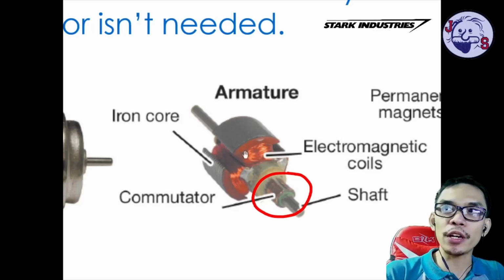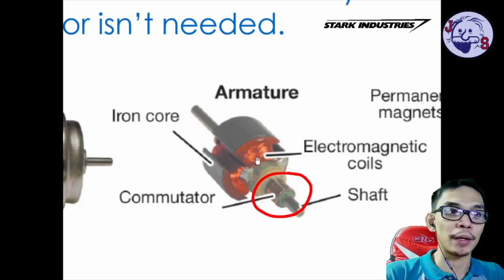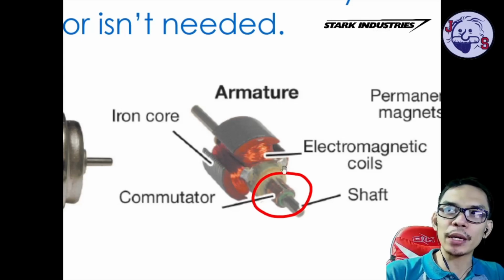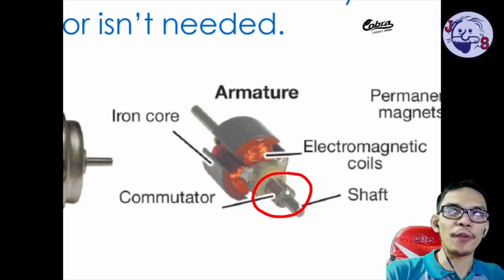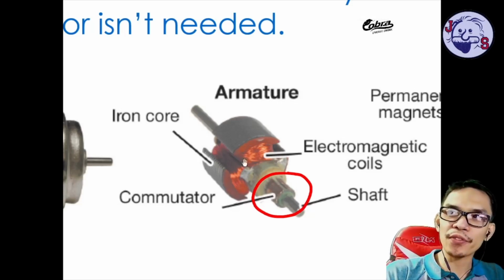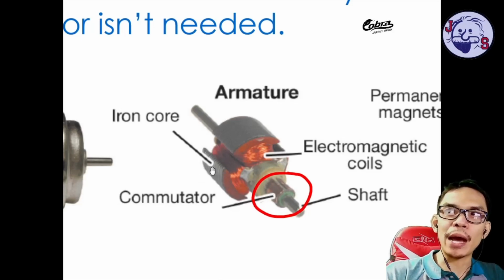So this is the solenoid that we talked about in the first part. We have these 3 electromagnetic coils over here that are attached to the 3 commutators that we have over here. There is the shaft that runs at the middle of this armature, and we have the iron core.